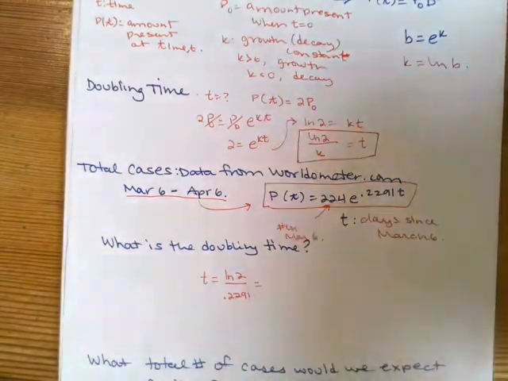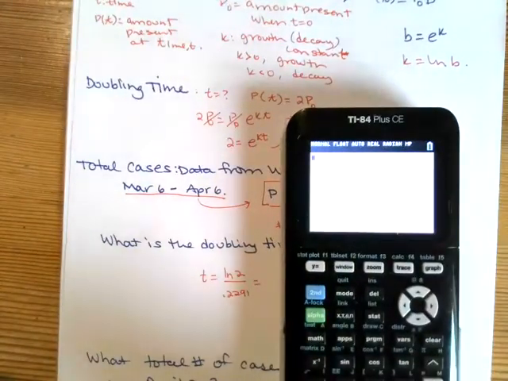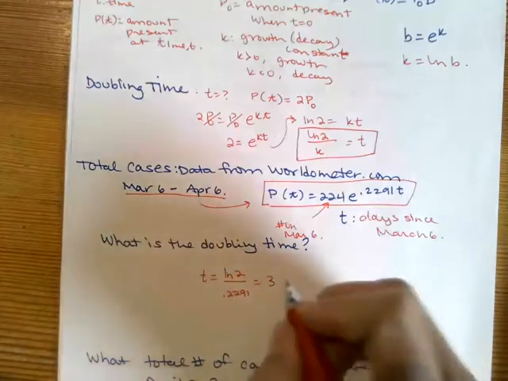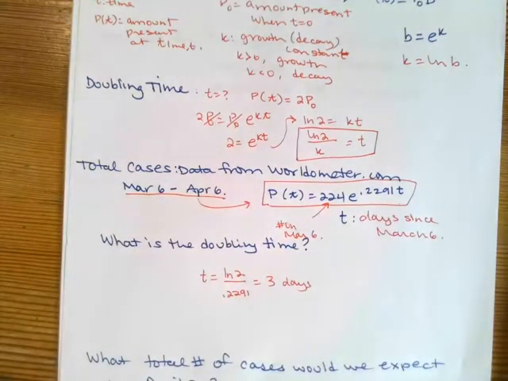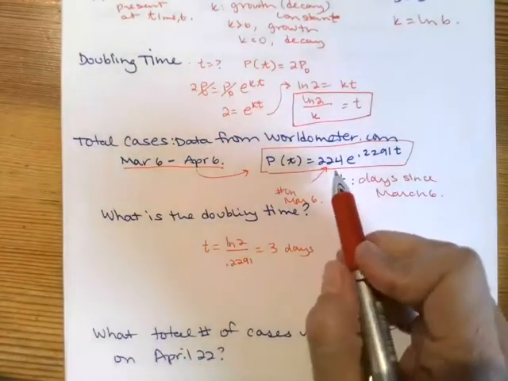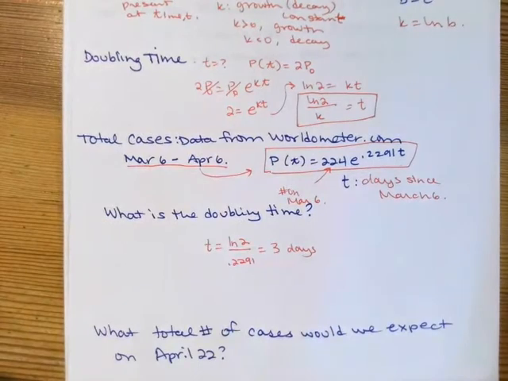So natural log of 2 divided by 0.2291 is about 3. Think about that: 3 days. In the early days of this, it was taking 3 days to double the number of cases, and it didn't matter if we had 224 or 10,000.